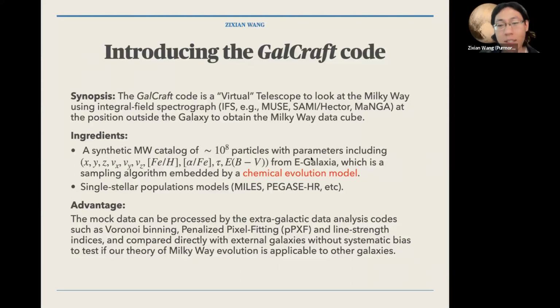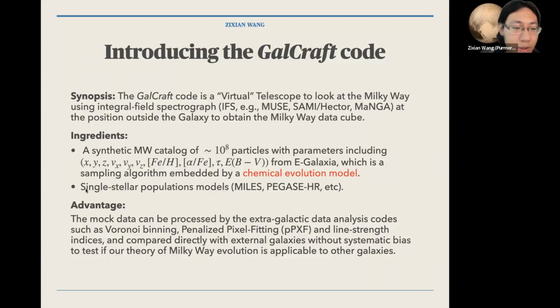Fortunately, my supervisor Sanjib Sharma has a code called eGalaxia. That's a code basically to mock the Milky Way catalog. It's a random sampling algorithm, and the good thing is that eGalaxia is embedded with a chemical evolution model, which I will introduce later. And to mock the integral field spectrograph observation, I also need to give the spectrum.